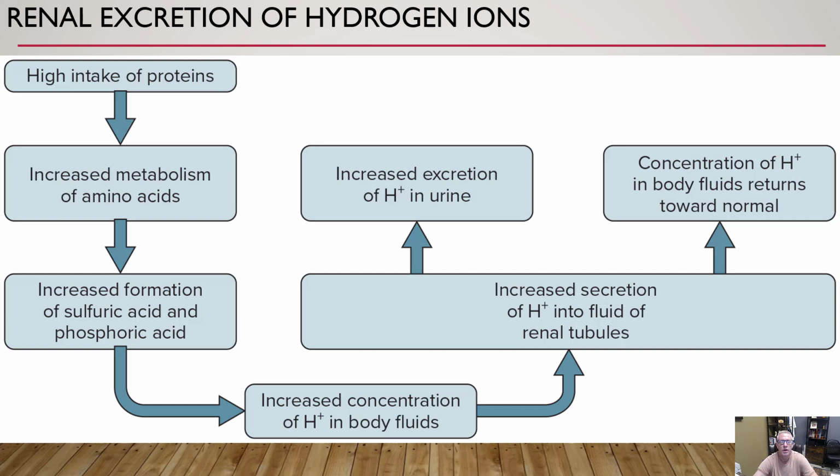When we do take in proteins, remember proteins get broken down into amino acids. Amino acids can increase our hydrogen ion concentration, which eventually gets excreted into the urine, which maintains our pH balance.